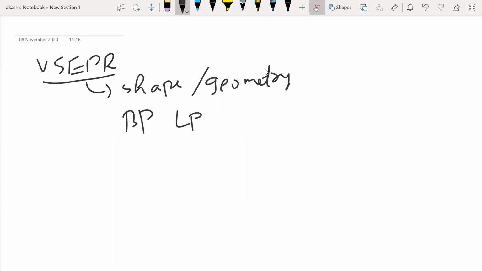There can be only three types of repulsion. One is bond pair-bond pair repulsion. The other one is the repulsion between bond pair and lone pair, and the last is between lone pair and lone pair.